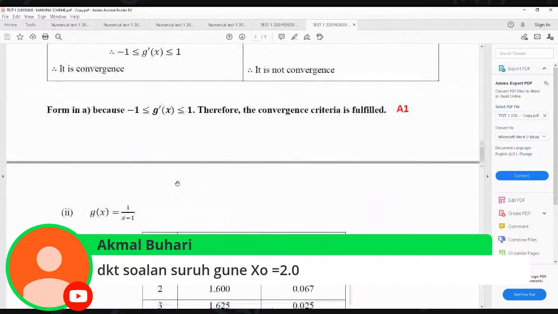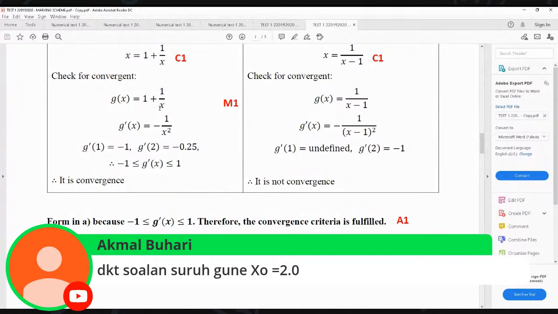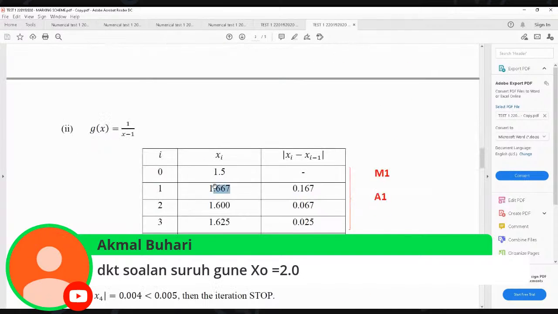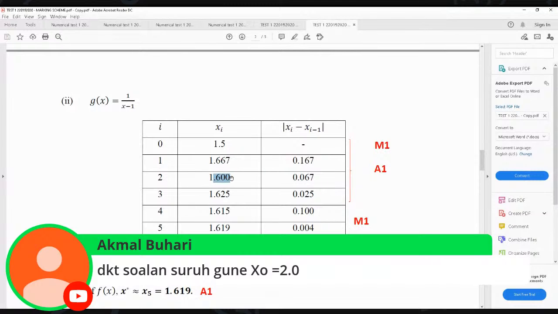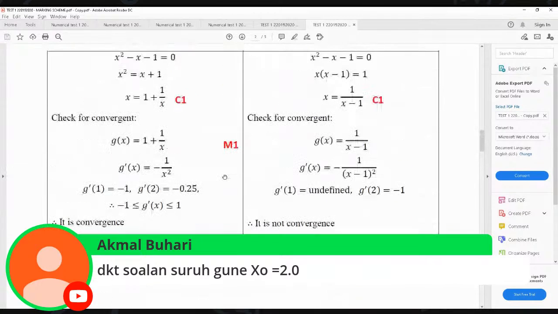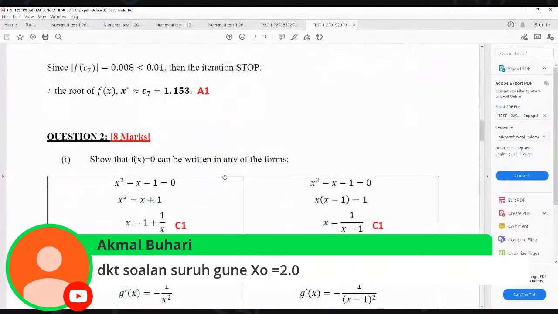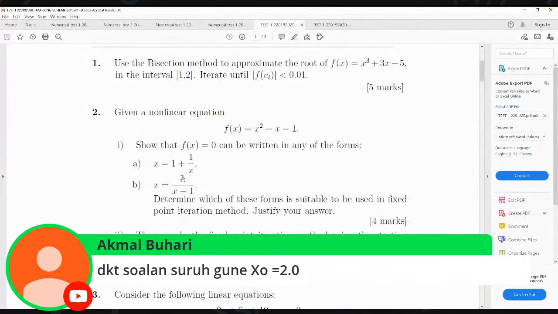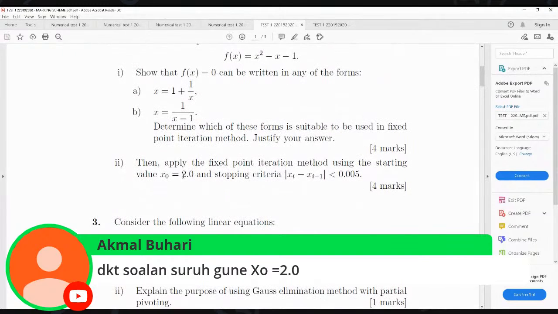Again, 1 plus 1 over 1.667, the answer is 1.600. So you need to use the condition they ask you. Here they ask you to use initial condition 2.0, so please use 2.0 and then stop when iteration 5 minus iteration 4 is less than epsilon.